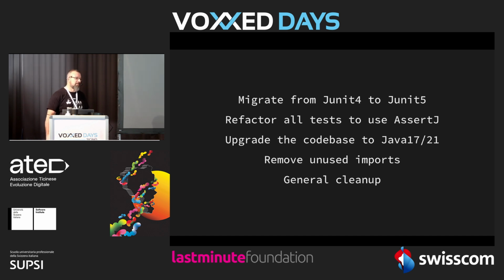Or for example, you have all the tests written using JUnit's assertions, and you would like to migrate all to AssertJ. You can do that. You have an old code base on Java using mostly Java 8.